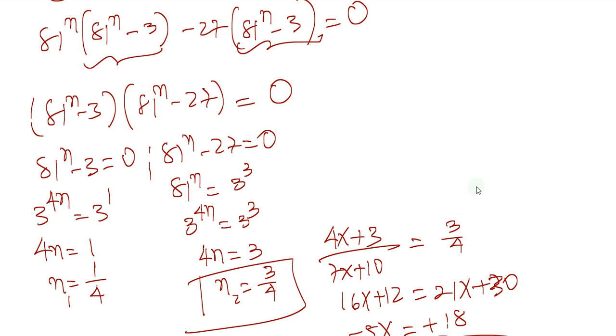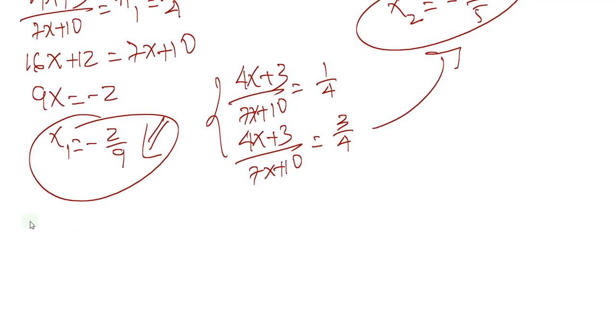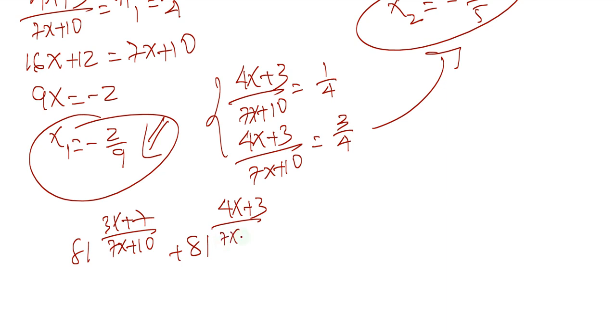So we have 81 to the power of (3x + 7)/(7x + 10) plus 81 to the power of (4x + 3)/(7x + 10) is equal to 30. Okay, we got this one, but we don't have this one here.